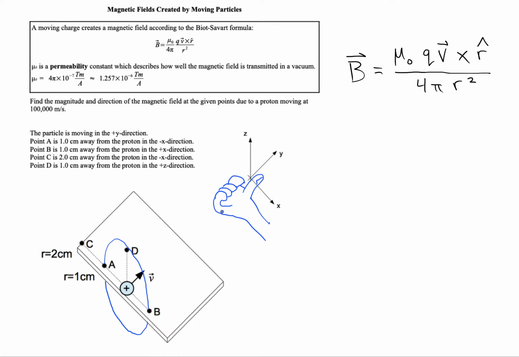Okay, as we can see, the fingers are definitely curling in a clockwise fashion here around the y-axis. So that's going to be the direction of our magnetic field as well.